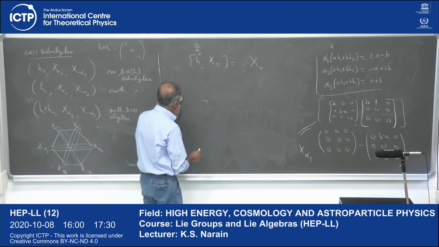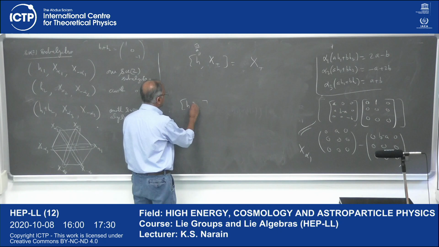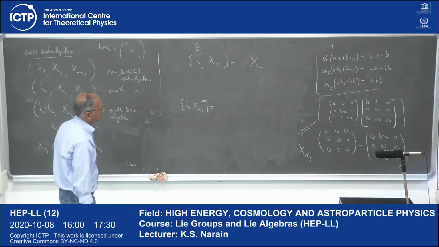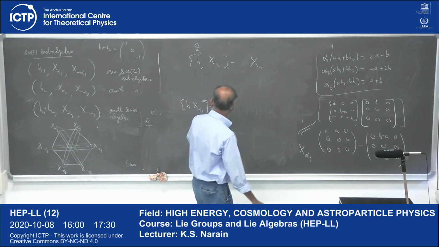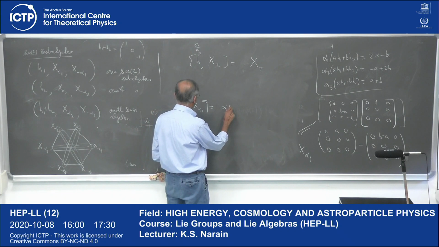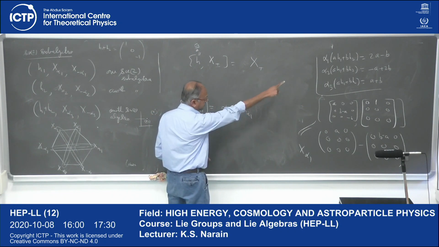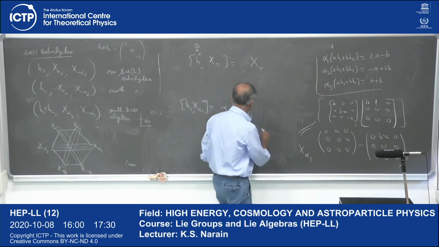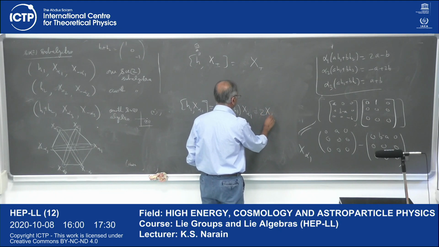First of all, we found that h x alpha 1 was, so what does it mean? That is the same as alpha 1 of h1 times x alpha 1, which, according to that, you just put b equal to 0 and a equal to 1. That is 2. So this is 2 x alpha 1.